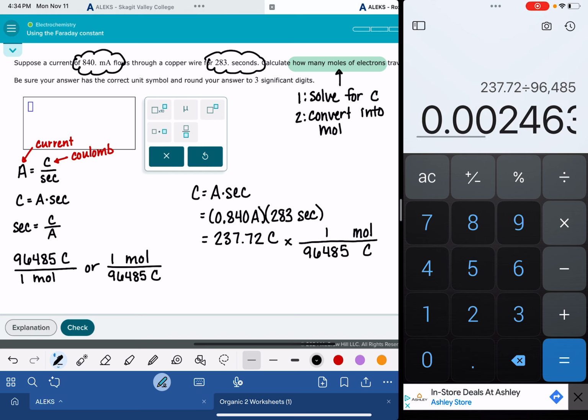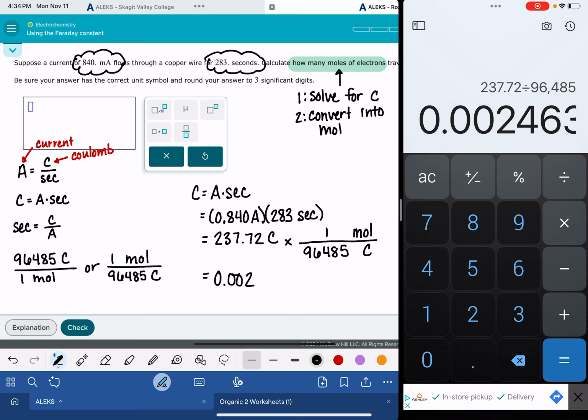That gives me an answer of 0.00246, with 3 sig figs, and my unit is moles because those coulombs canceled out. This is one of those problems where ALEKS is asking you to write the unit symbol down, so make sure you include that.